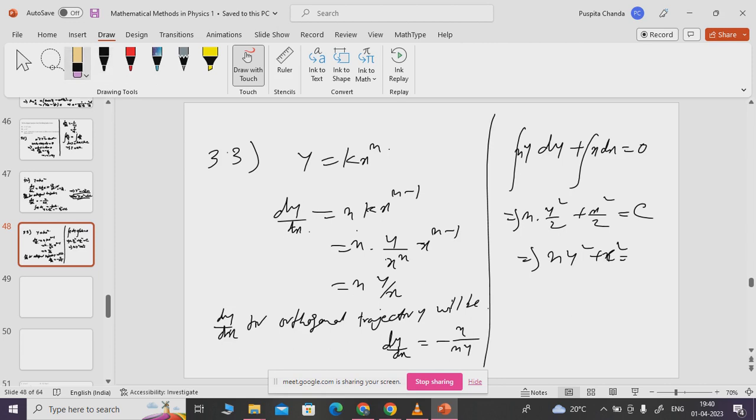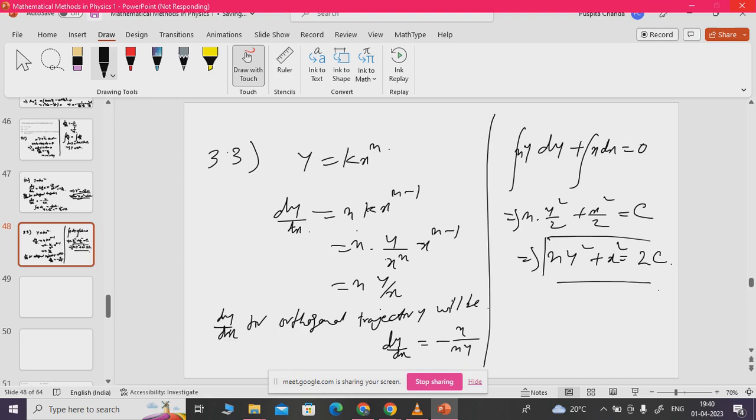We will take the integration of this, so n y square by 2 plus x square by 2 is equal to c. So it will be n y square plus x square is equal to 2c. So this is the equation.